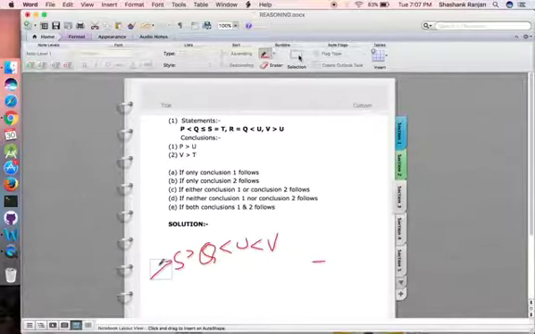S is equal to T. So here we can see the V to T relation: V is greater than U and U is greater than Q, but Q is smaller than S. So there is no direct relation between V and T. So we cannot say that V is greater than T. So by this it is also wrong.